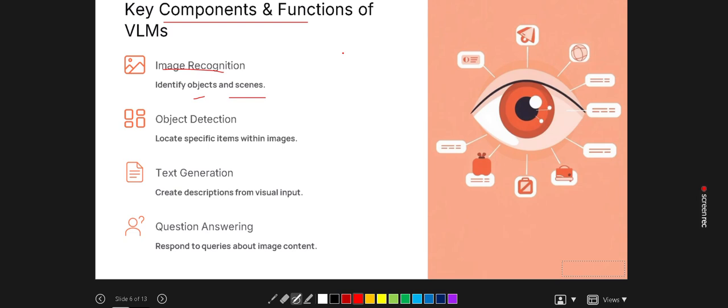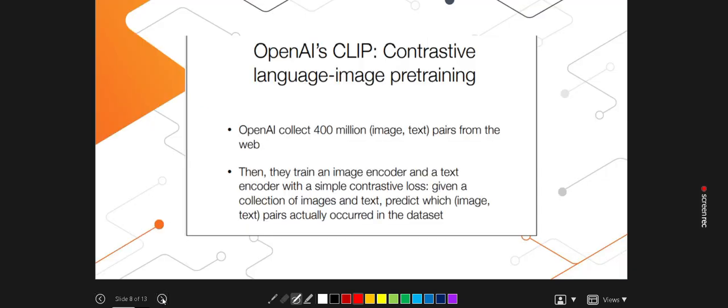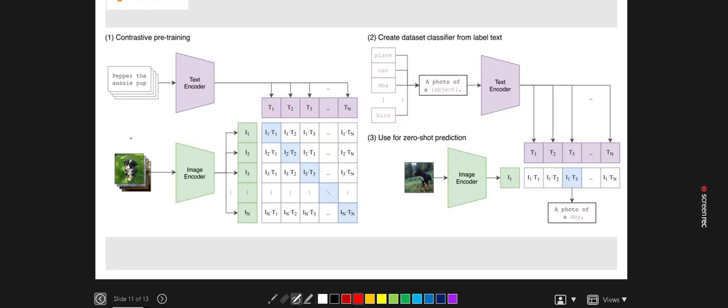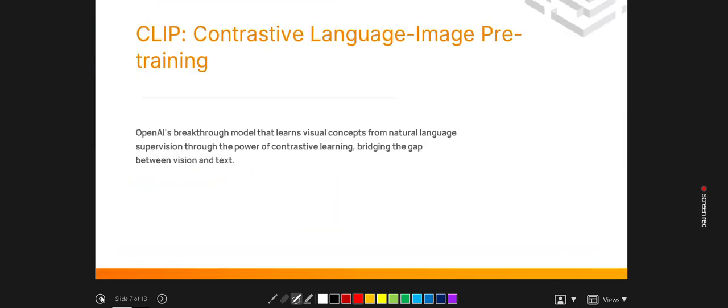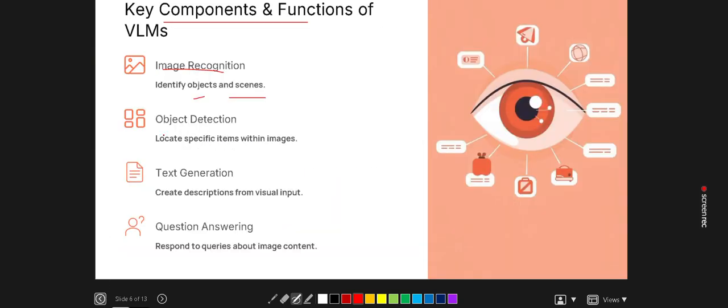For example, there is a dataset of cats and dogs, so you have just one label, and on classification the model predicts there's a cat or there's a dog in the image, right? But in the VLMs, we don't have just one-word labels. We have actual sentences, like the cat is sitting on the mat, the dog is swimming, or anything like that. So there are whole sentences that we are going to work on. That's the difference between the normal CNN and the VLM.